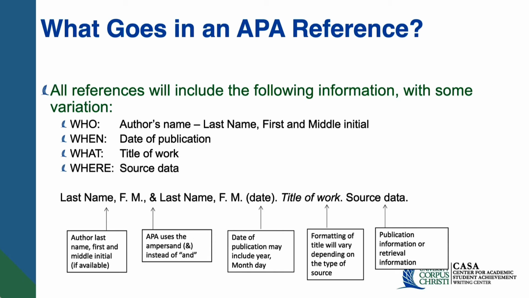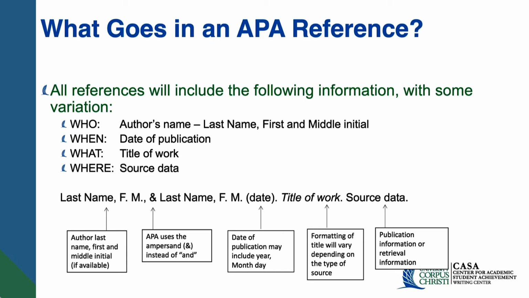All of your references are going to include the following information: who, when, what, and where. All of your sources will have different variations, but this information will always exist. The author's names, the date, the title of the work, and then source data.